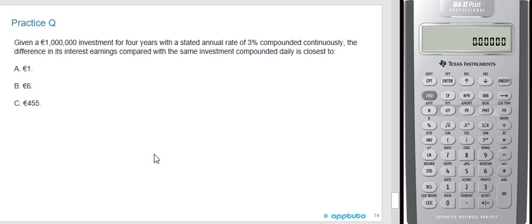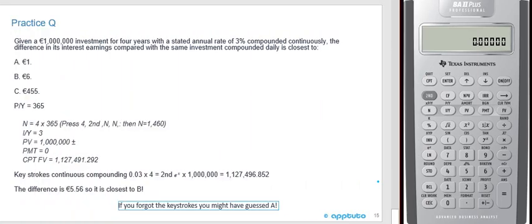Given a €1 million investment for 4 years and a stated interest rate of 3% compounded continuously, the difference in its interest earnings compared with the same investment compounded daily is closest to A, €1, B, €6, or C, €455. So in this, there's no choice, folks. You can't use the little method of compounding daily because they want you to compare it against the compounded continuously. The correct answer here is B, folks.